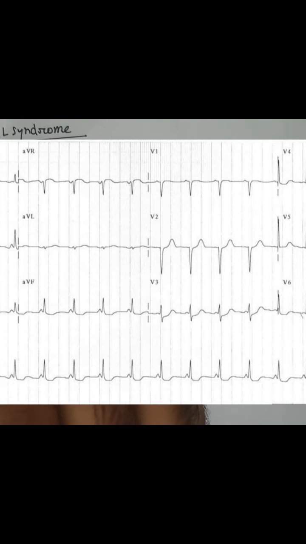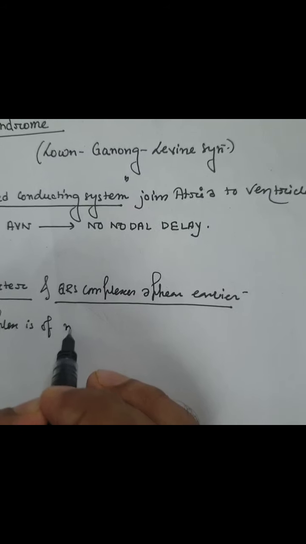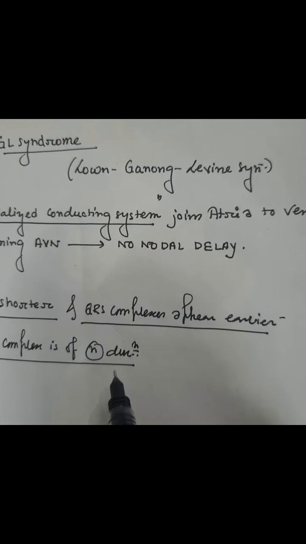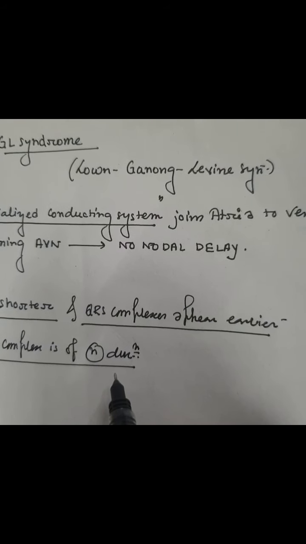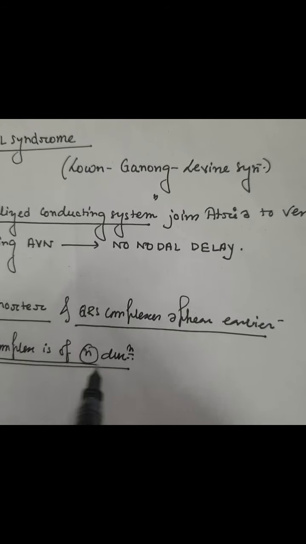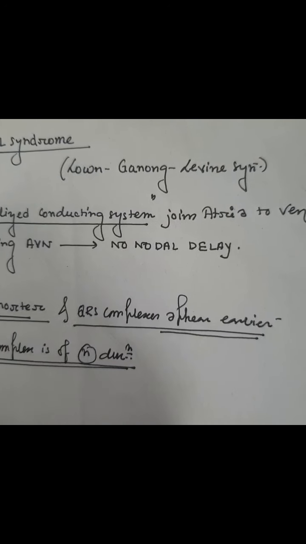But due to the specialized conducting system, the QRS complex is of normal duration, because the depolarization of the entire ventricular muscle takes the normal time, not a delayed one like in WPW syndrome. So the QRS complex is of normal duration, but it appears early and the PR interval is shorter.